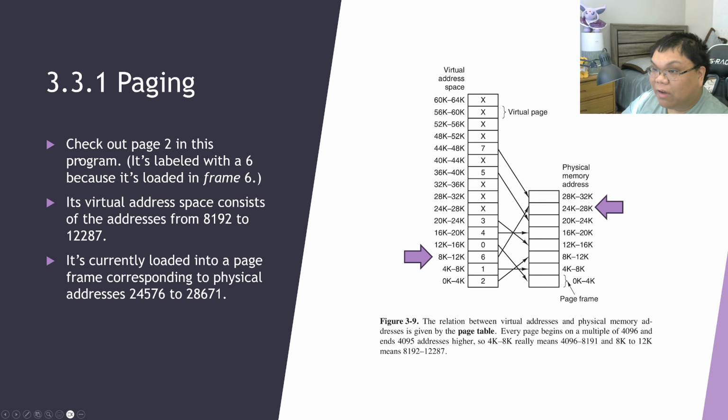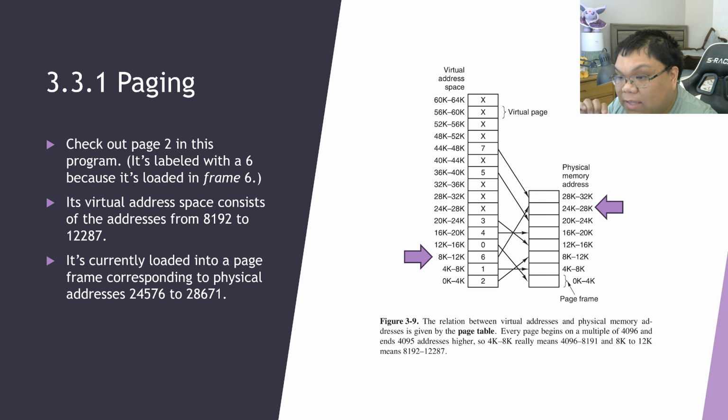Check out page 2 in this program. It's labeled with a 6 because it's loaded in frame 6. Its virtual address space consists of the addresses from 8192 to 12287. It is currently loaded into a page frame corresponding to physical addresses 24576 to 28671.